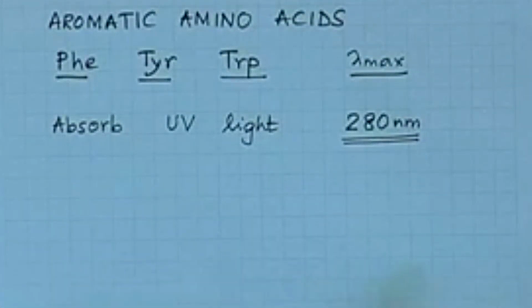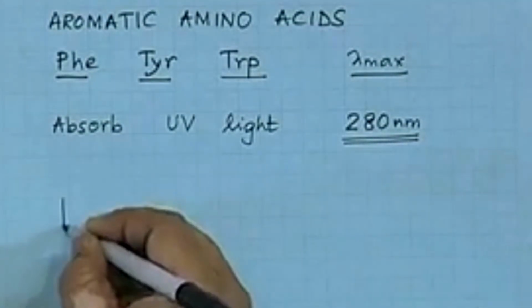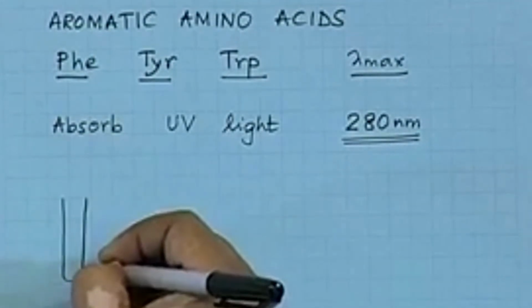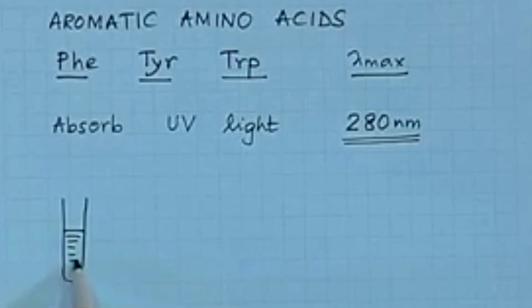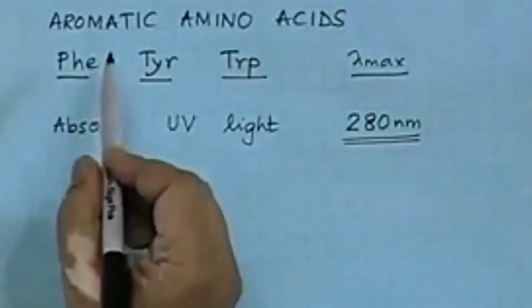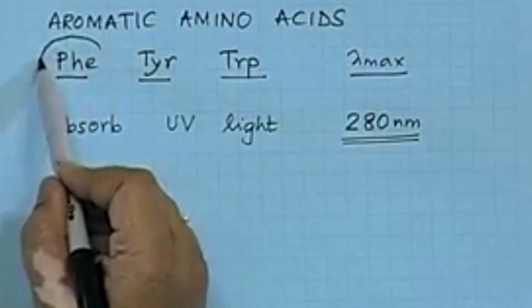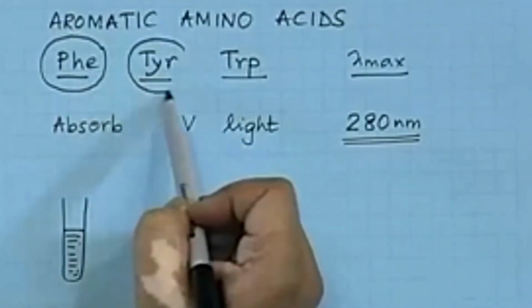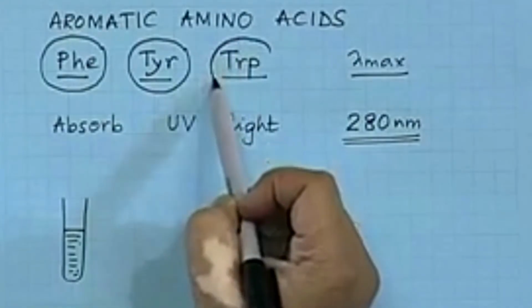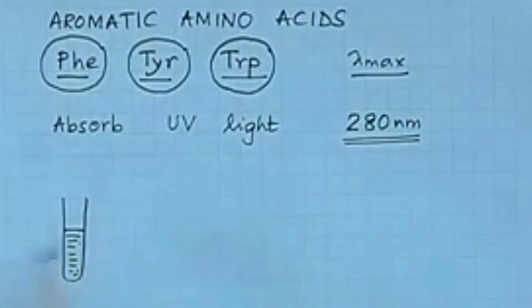So, if we have a solution that has a certain amount of protein in it, we can actually determine the amount of protein present in the solution by a consideration of the number of phenylalanine, tyrosine and tryptophan that are present in the protein chain.